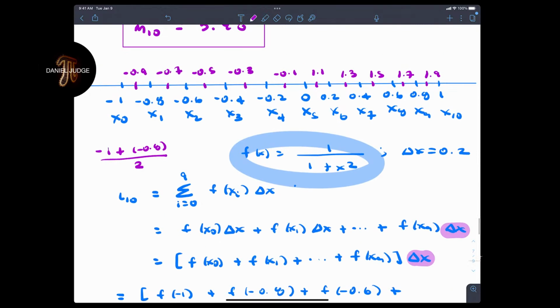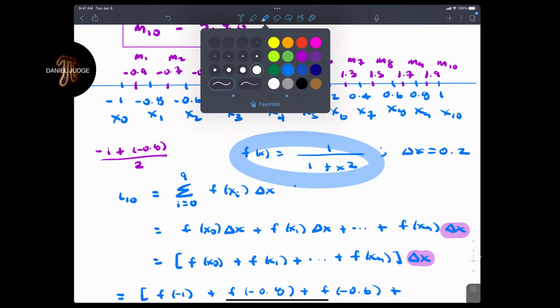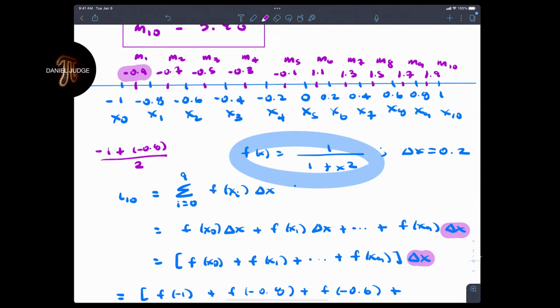Now, these are going to be your M1, M2, M3, M4, M5, M6, M7, M8, M9. These are the M values. These are the midpoint values for every interval. We're going to now use these values to get a more accurate answer. And there you go. We're going to start with these values now.